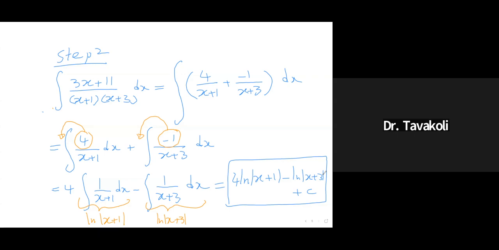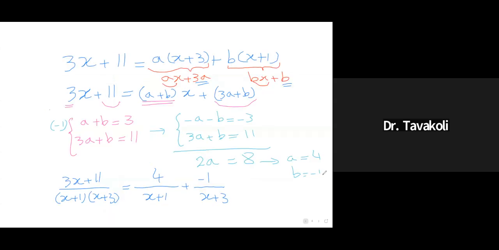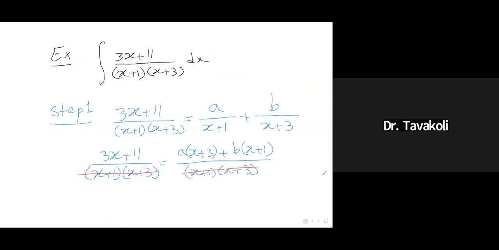Okay, as I mentioned, sometimes the denominator is given in the factorized form, as we had in this example, and sometimes the denominator is not given in the factorized form, and we need to factorize the denominator. But the nature of the solution is the same.